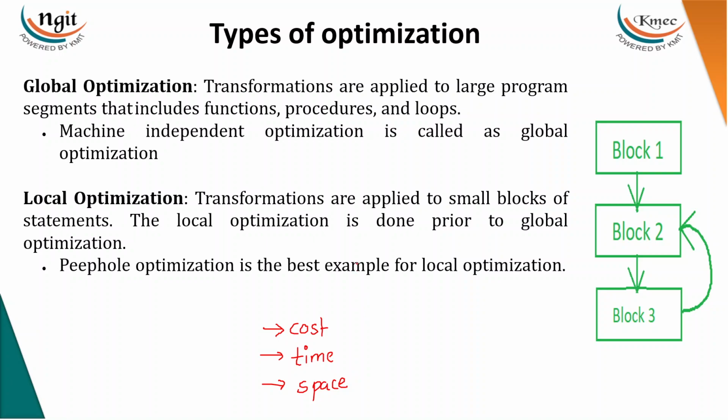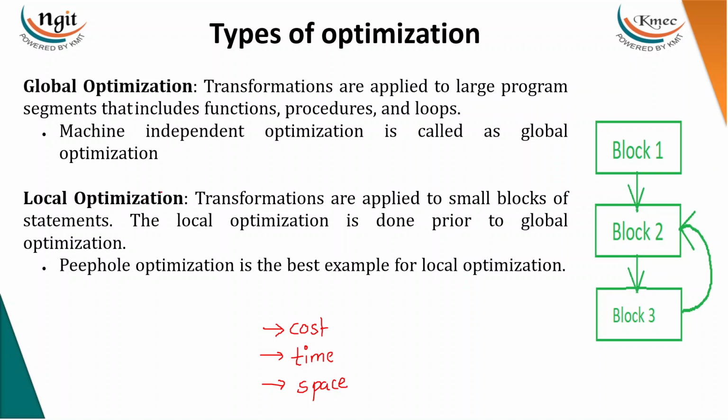The optimization techniques we have used, like common sub-expression elimination, are going to be applied in different places. Based on that, we can divide optimization into mainly two types: global optimization and local optimization.